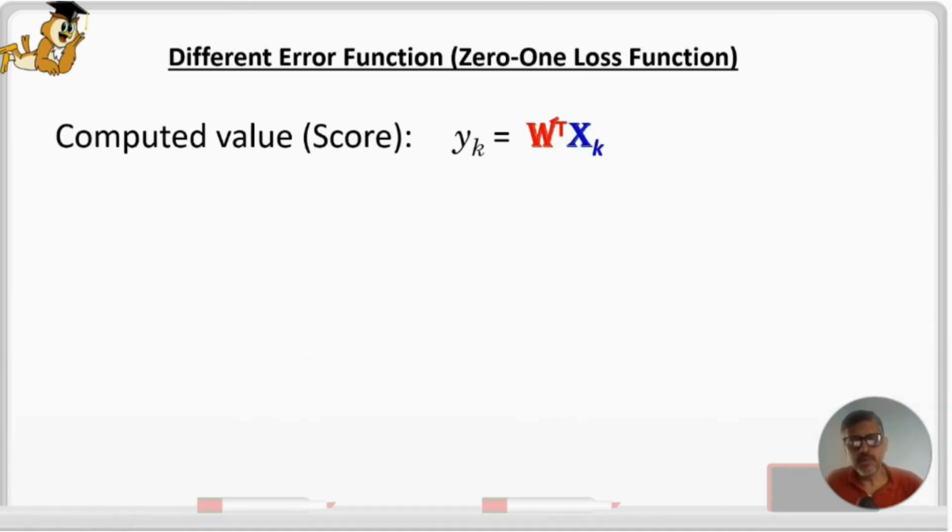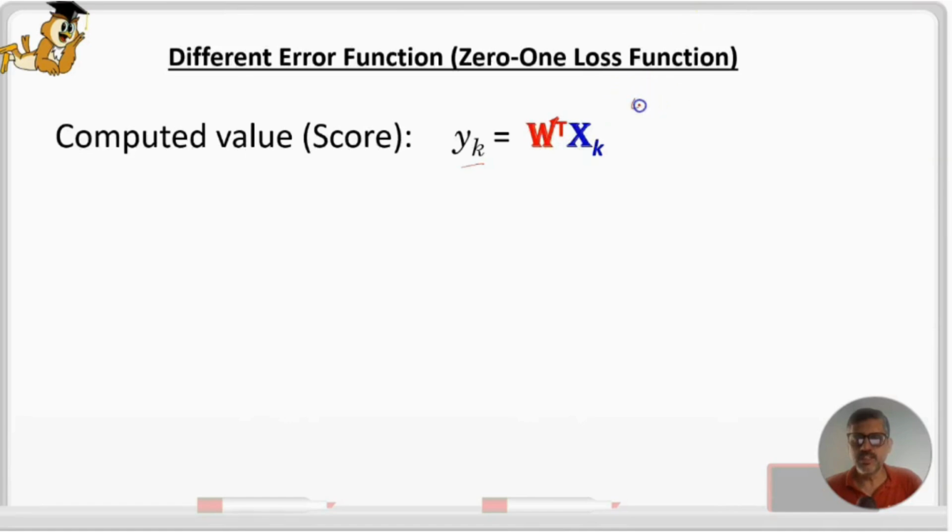Now, remember our model, the computed value is yk equal to w transpose xk. And then in the classifier, our model classifies a particular point based upon whether this is greater than 0 or less than 0, right? Where does this w transpose xk come from?